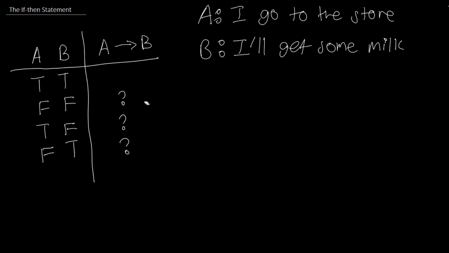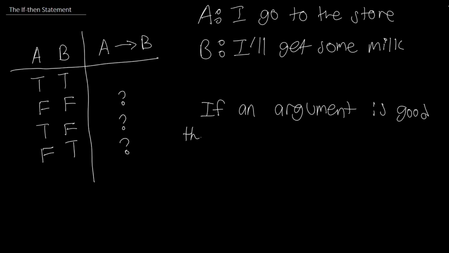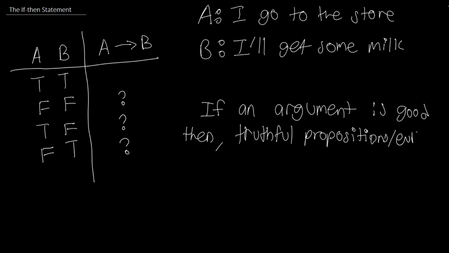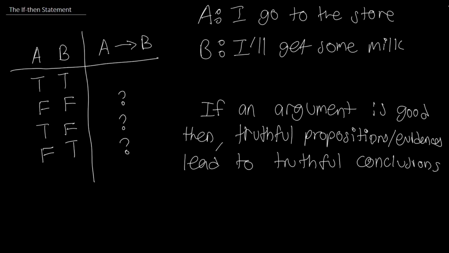In that video, I stated that if an argument is good, then truthful propositions or evidences lead to truthful conclusions. So how are we supposed to use this fact to fill this entry up?